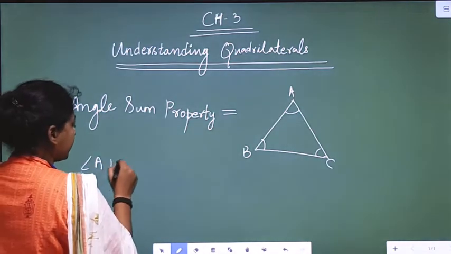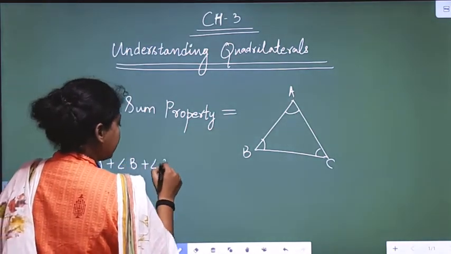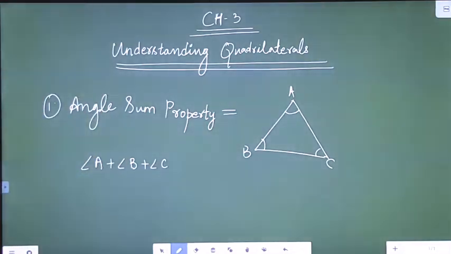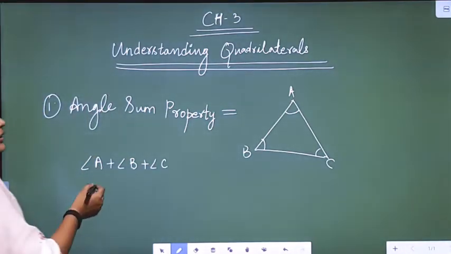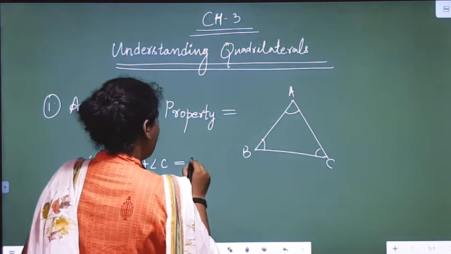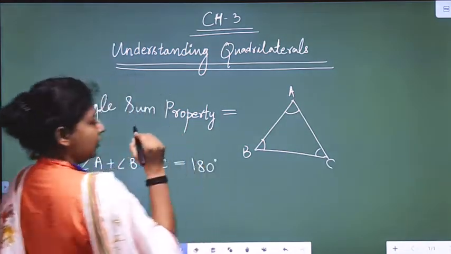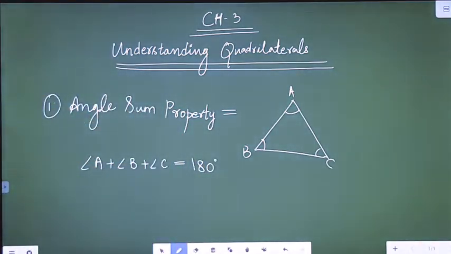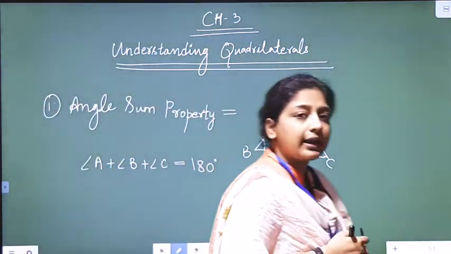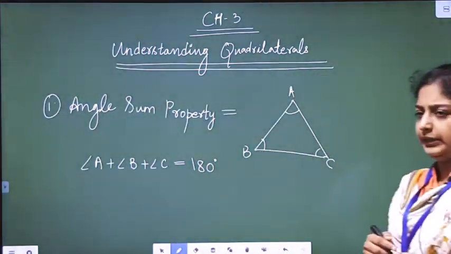We have studied in the junior classes that the sum of all the interior angles of a triangle always gives us 180 degrees.